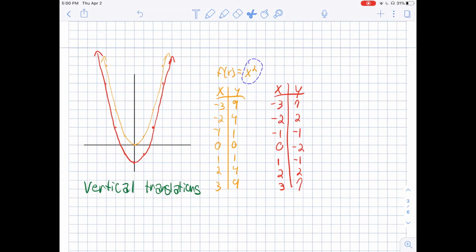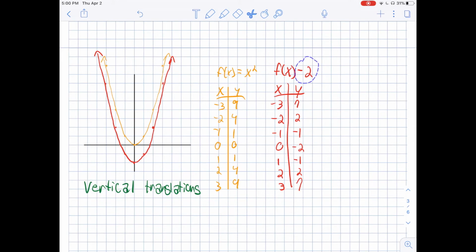So all we need to do is subtract 2 from x squared, which is f of x. So the way we write this function is f of x minus 2. It takes all of our old outputs from our original function and subtracts 2 from them.